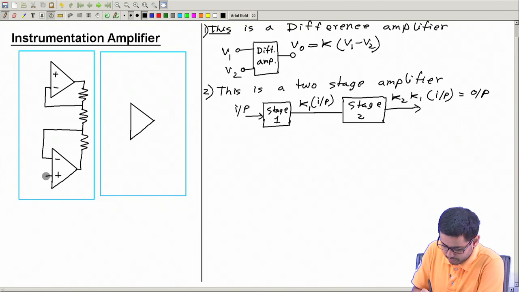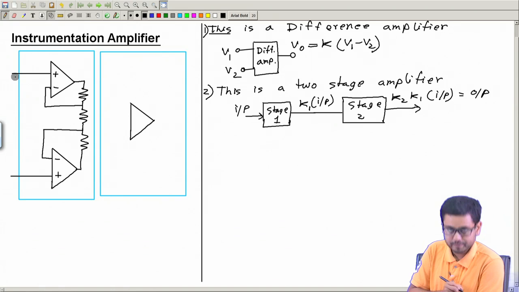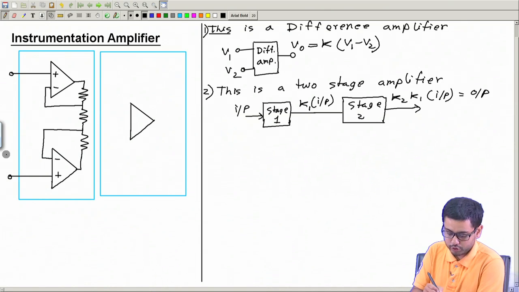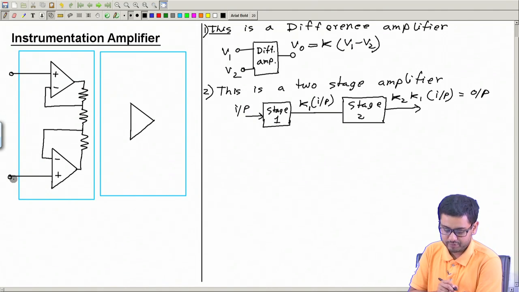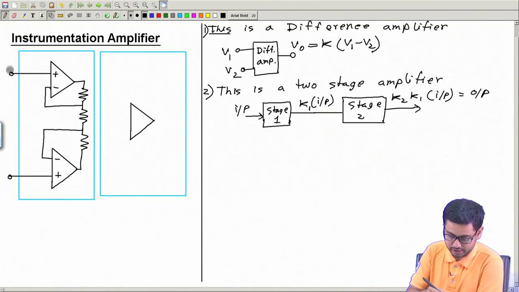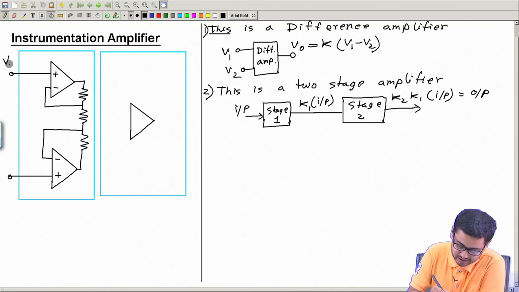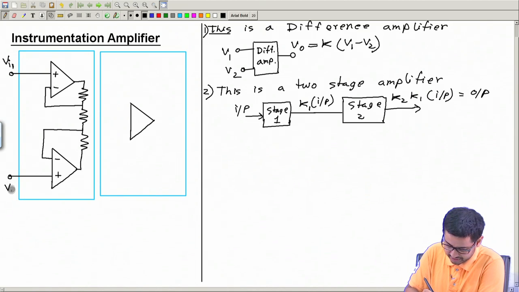Now, two more inputs are left. These two I will use as the two inputs of my overall amplifier. So, these two are going to be two inputs, call them VI1 input 1 and VI2 input 2.